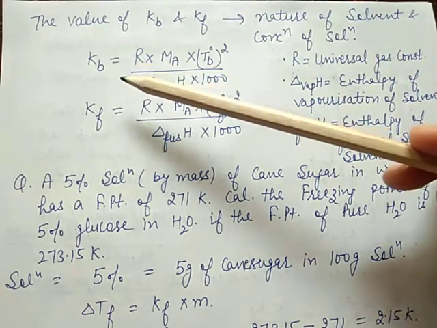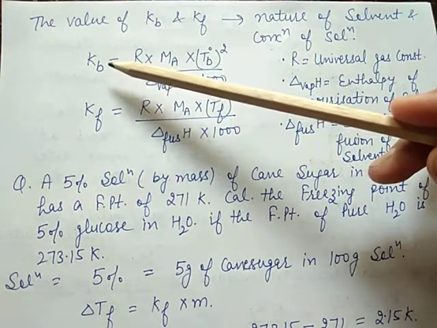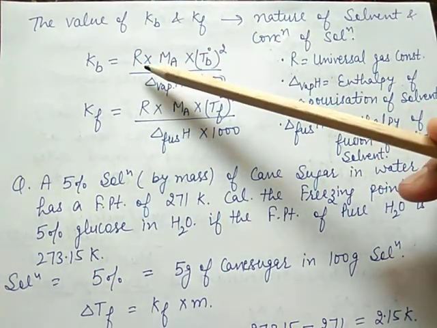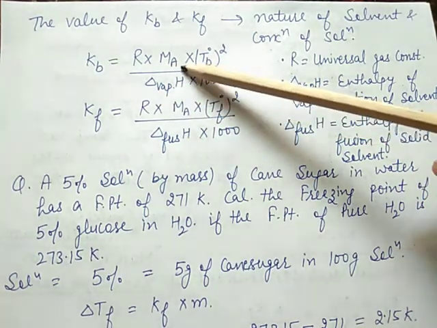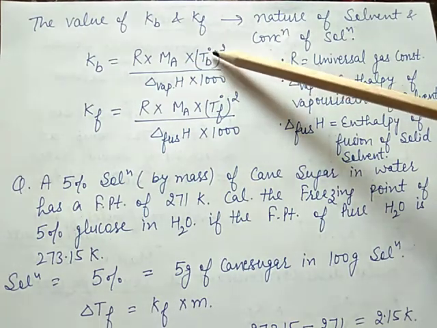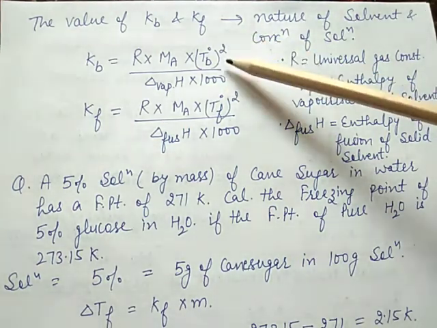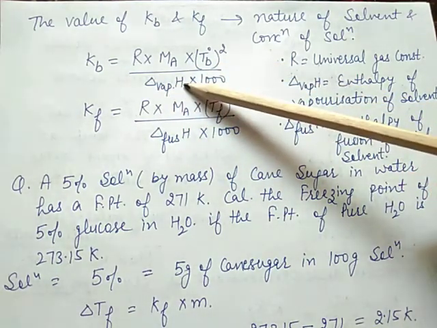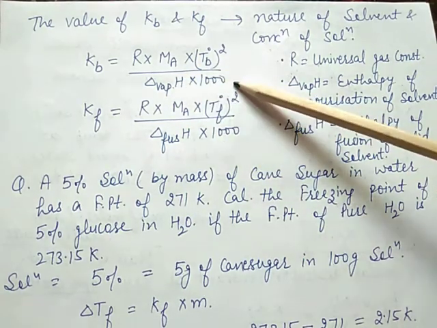The formula of Kb, that is the elevation in boiling point or ebullioscopic constant, is equal to R, the universal gas constant, multiplied by Ma, the molar mass of solvent, into Tb naught whole square, the boiling point of pure solvent, divided by delta vaporization H, the enthalpy of vaporization of solvent, into 1000.